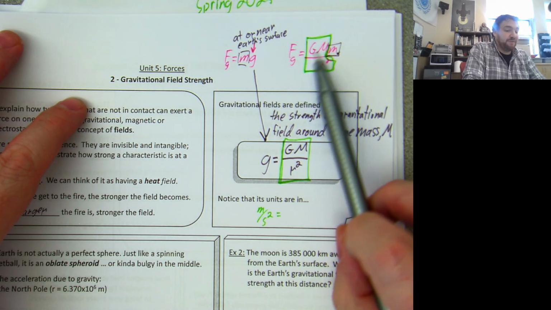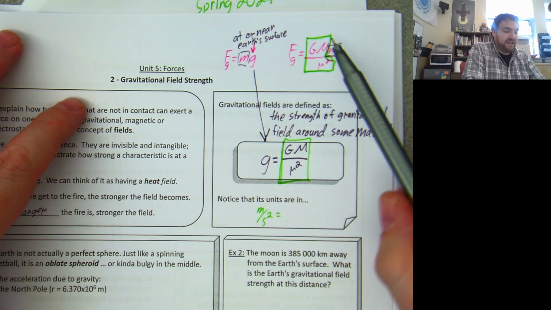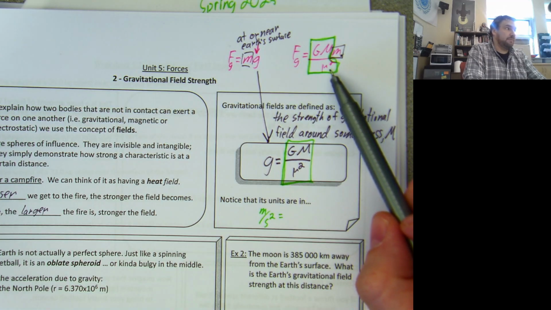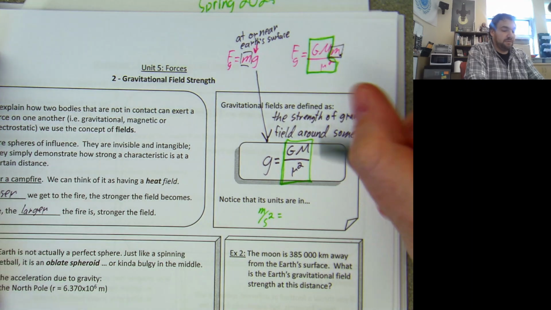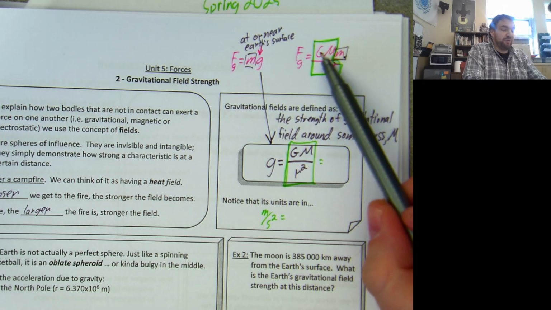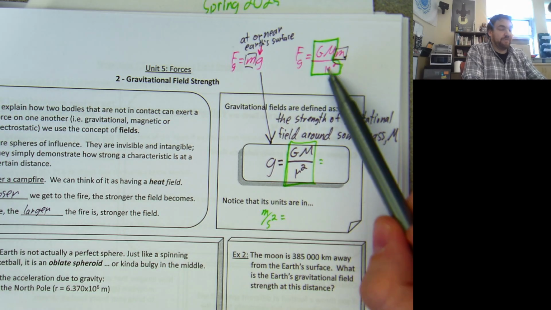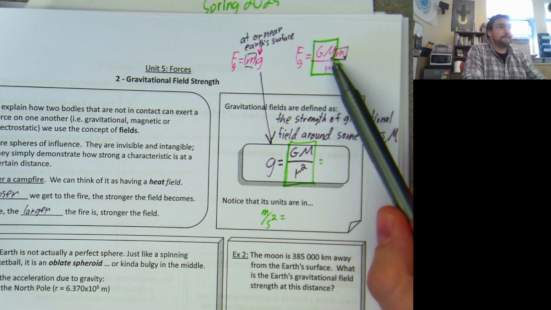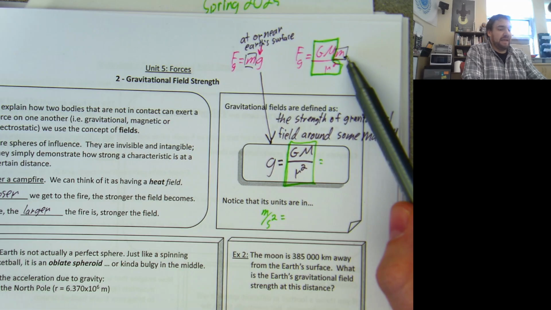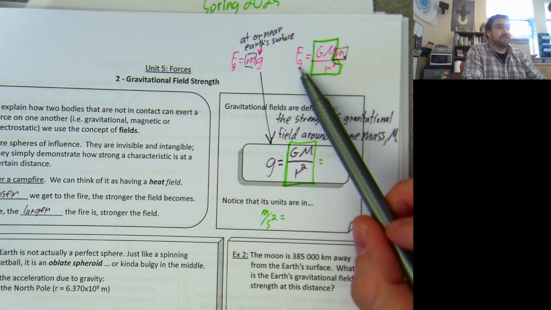So if I wanted to isolate for this, what would I have to do? How could I get GM over r squared by itself? How do I get these three terms to stay together and get rid of everything else? What else is here for there to move? Well, the only other thing is that little m, yeah? How would I get that little m over to this side of the equation?